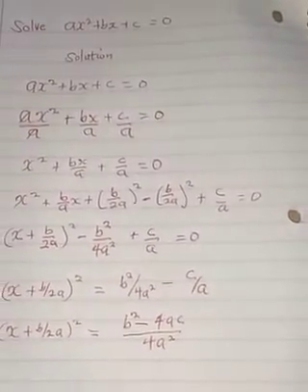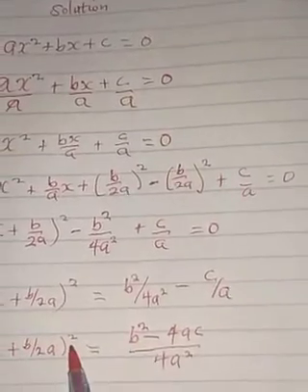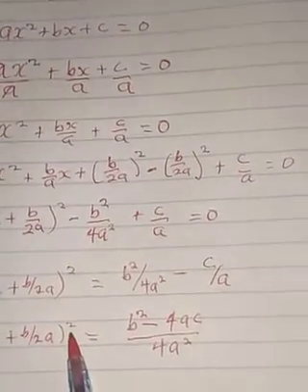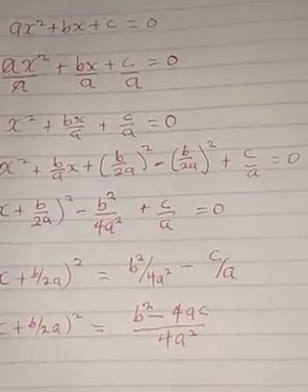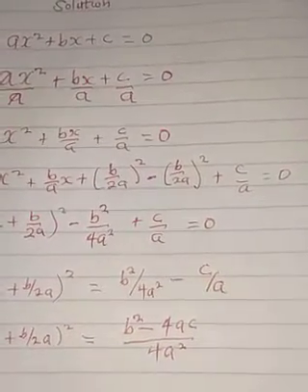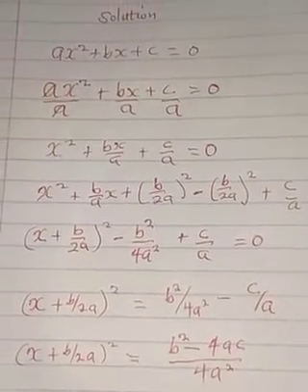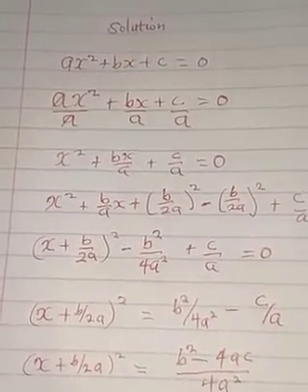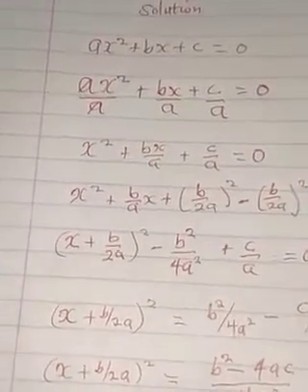Now, let's look at something. We have square here. This means that before we'll be able to do that, we have to take square root of both sides.